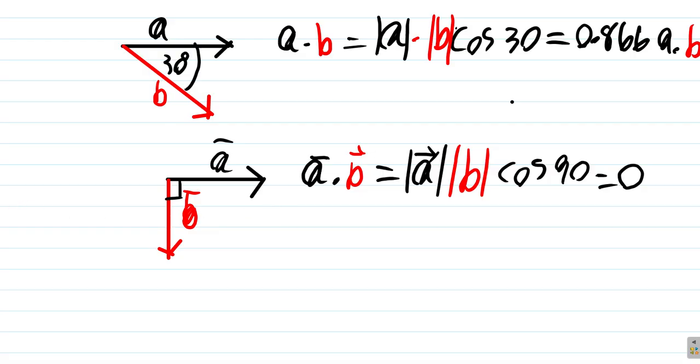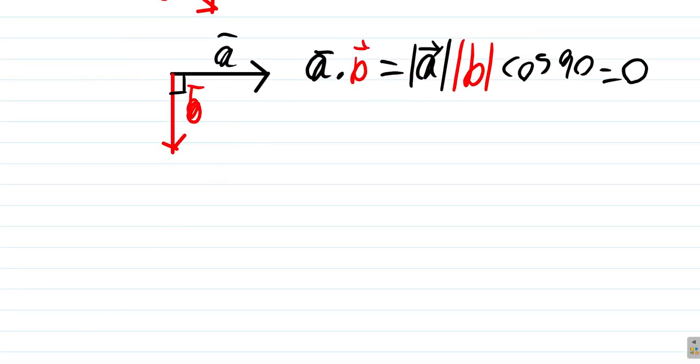Now, suppose you have another situation where A and B are like this. Then this is A and you have B. Now the thing is, this angle, let us say it is 120 degrees.